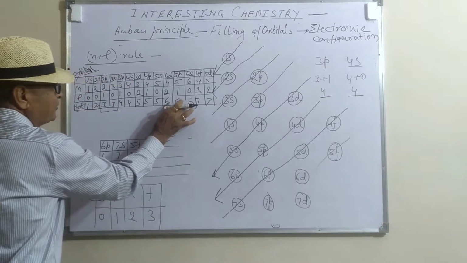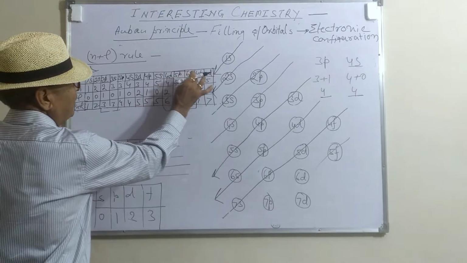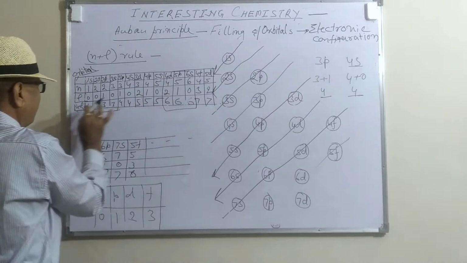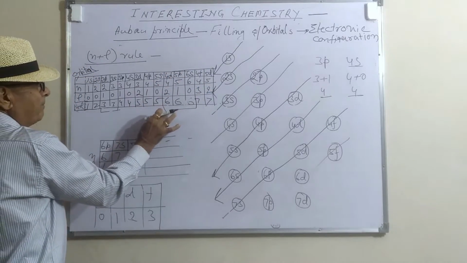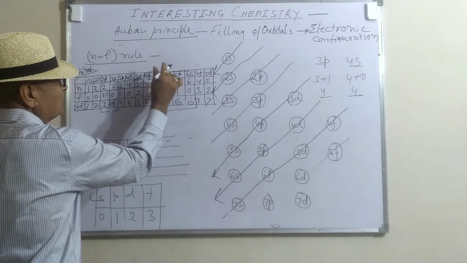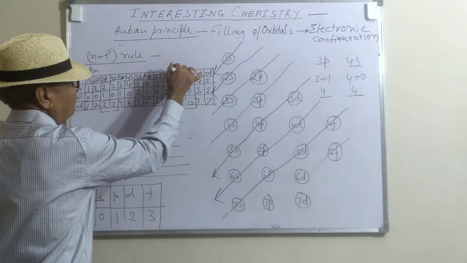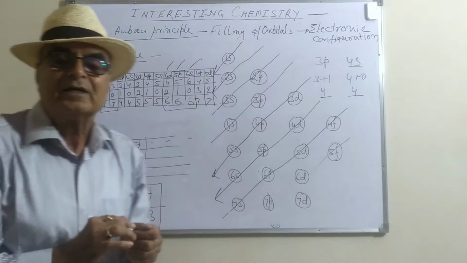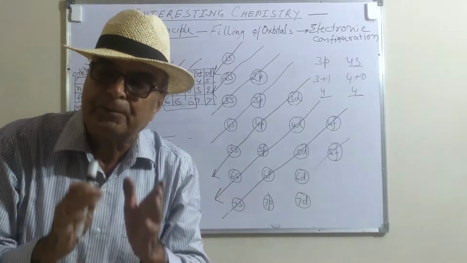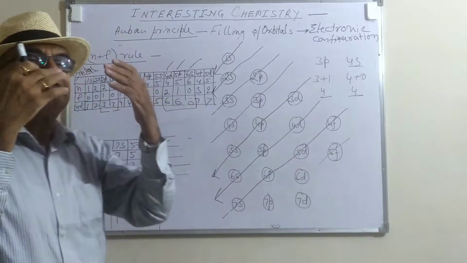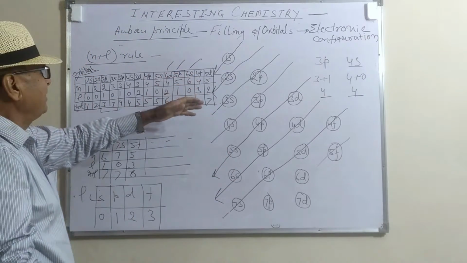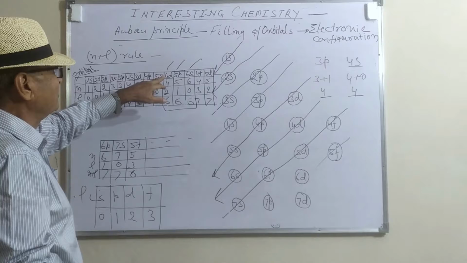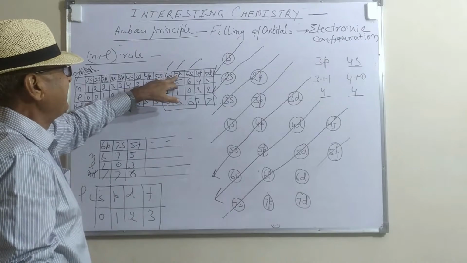Here there are three values of 6. These are all equal in n plus l value, but the principal quantum numbers are 4, 5 and 6. So the coming electron will prefer to enter the orbital which has the least value of n.